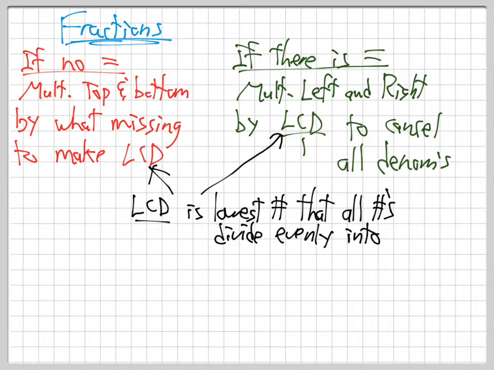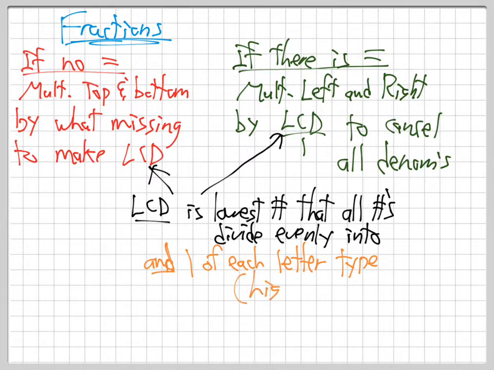And then for letters, one of each letter type, highest power seen. Highest power seen. So let's go do exactly that.